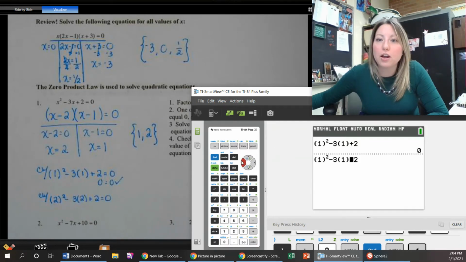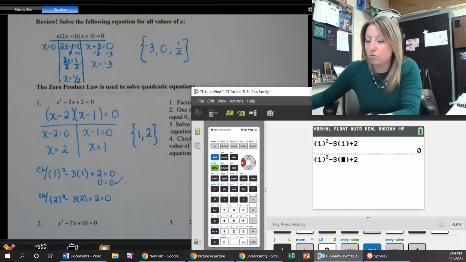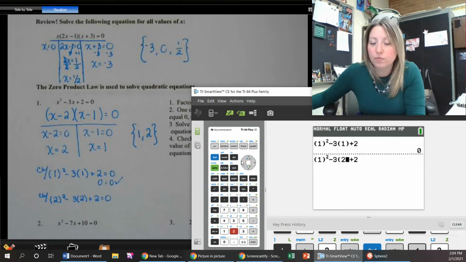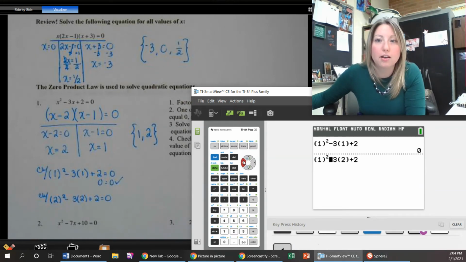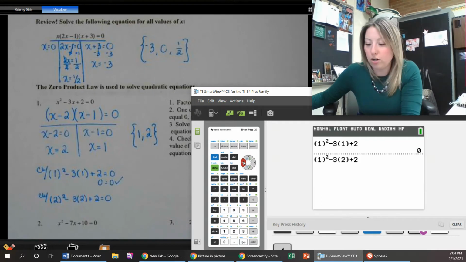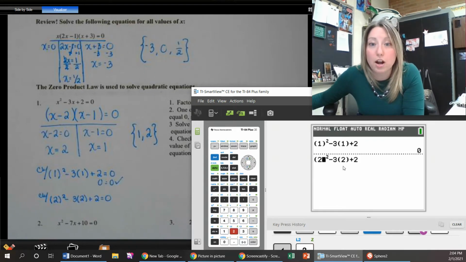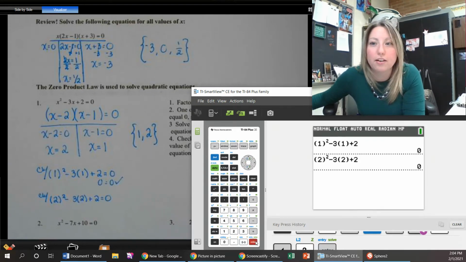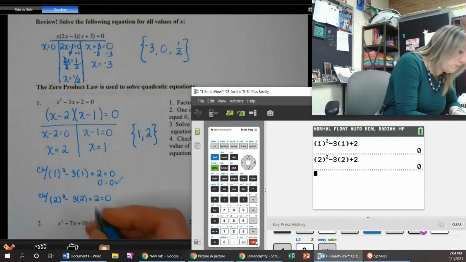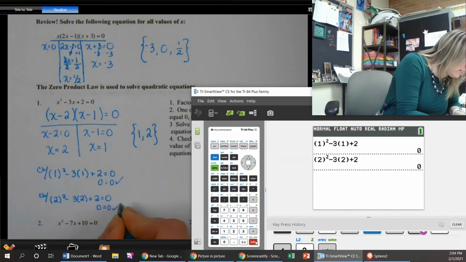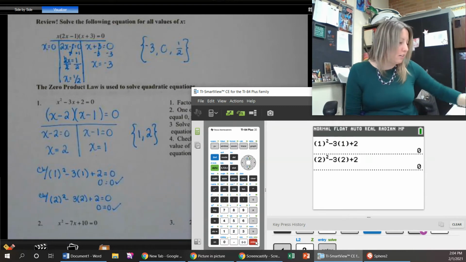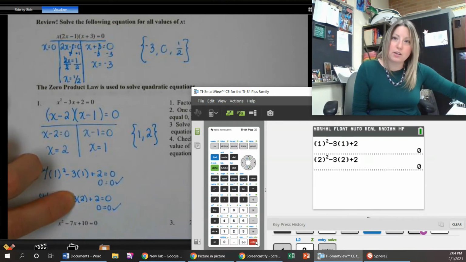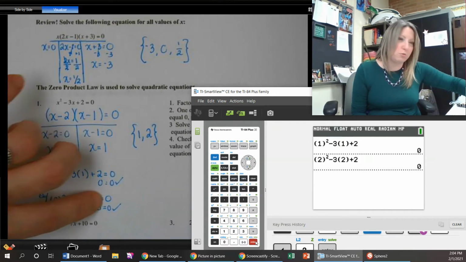And now if you just arrow left, in here, you can just change that to a 2. Okay, so I'm going to arrow left again and change that to a 2. That's the value that I want in there now, and then press enter. And there you are. 0 equals 0. It checked. 4 minus 6 is negative 2. Negative 2 plus 2 is 0.